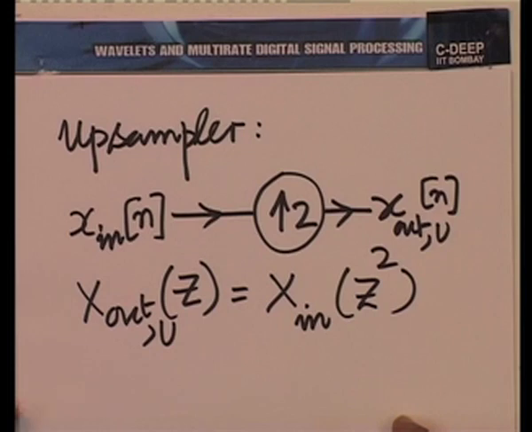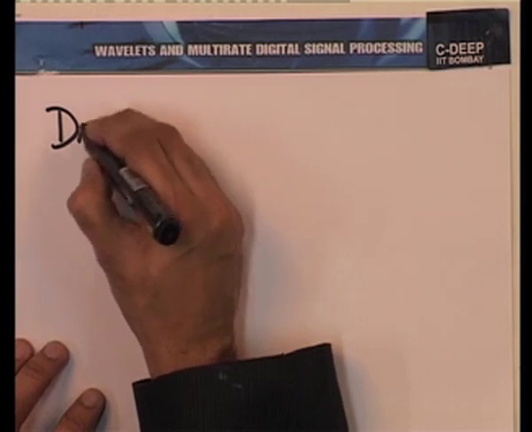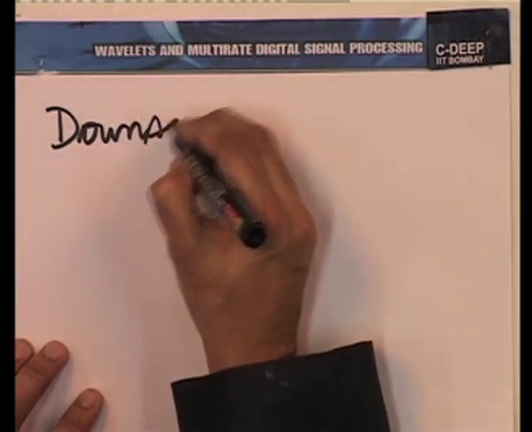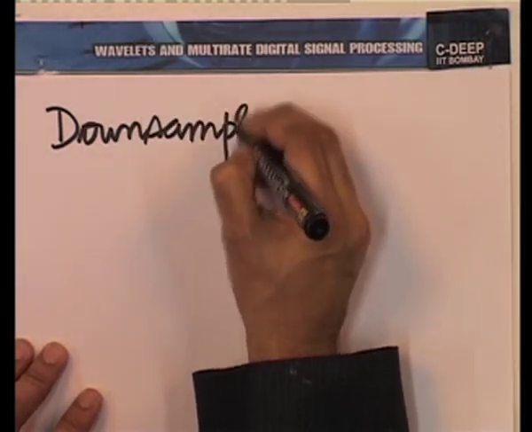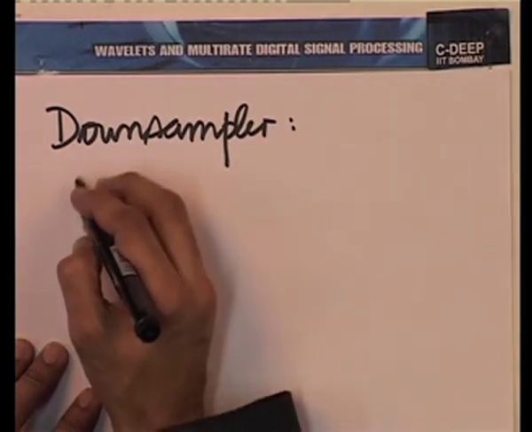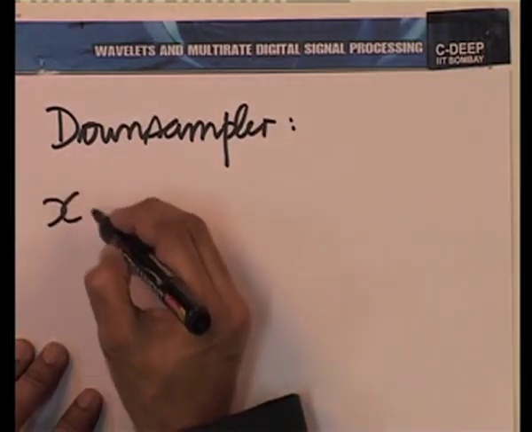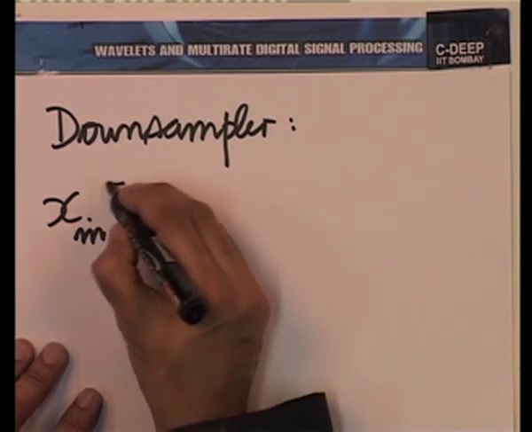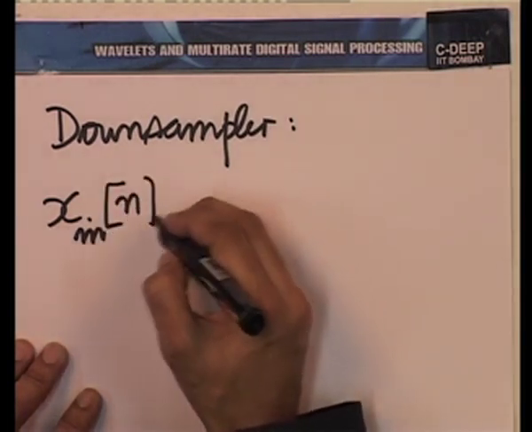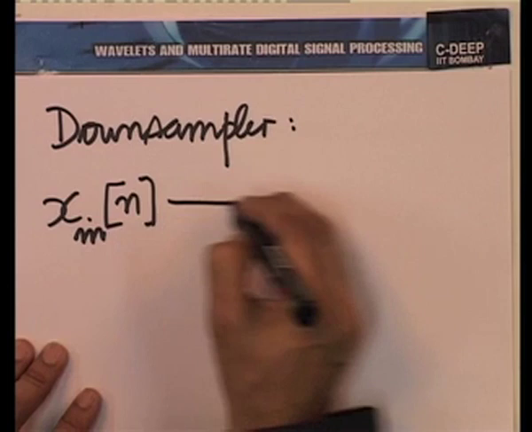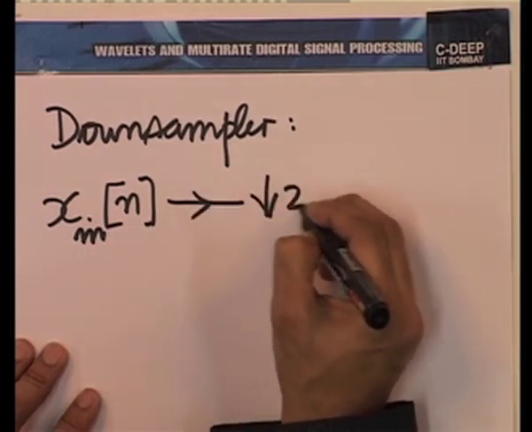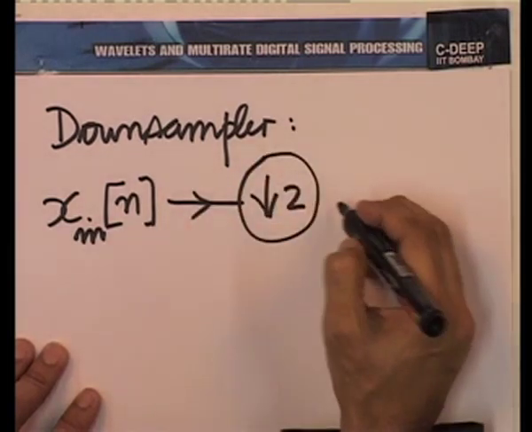Let us similarly see what happens when we go past a downsampler. So, for the downsampler by a factor of 2, remember, we had analyzed in detail the case of downsampling by a factor of 2. We had indicated how to generalize, but it was a little more complicated.